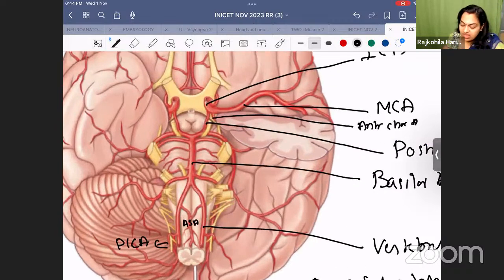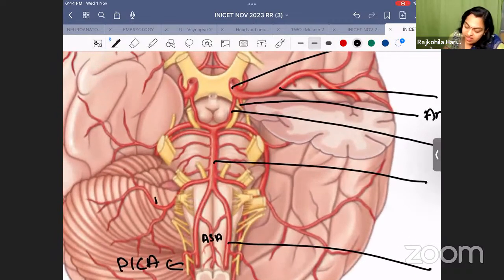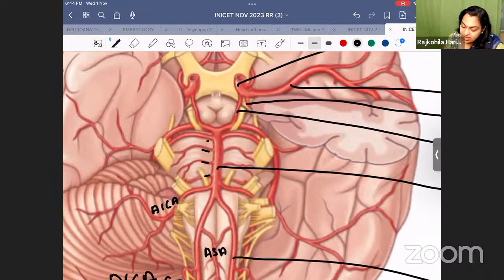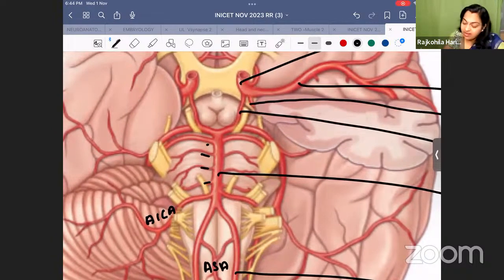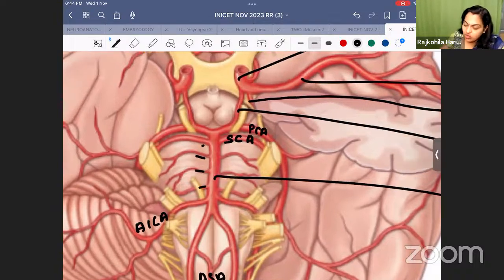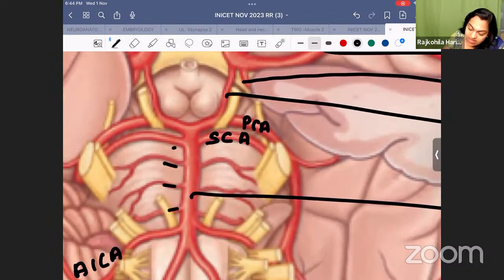Okay, what are the branches from the basilar artery? This is the anterior inferior cerebellar artery. All these are the pontine branches, isn't it? Now, this basilar artery is going to give rise to the superior cerebellar artery, and the terminal branch is the posterior cerebral artery. Right? Now, between the posterior cerebral artery and superior cerebellar artery, can you make out these nerves?